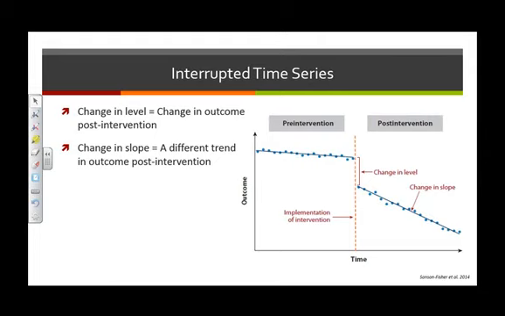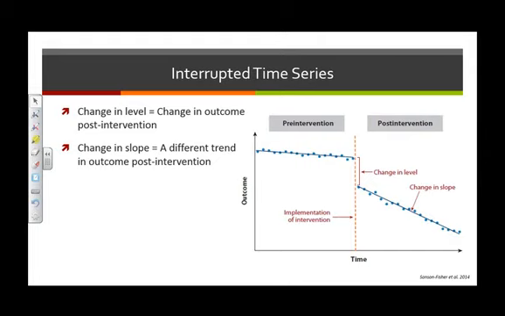I think the better way is to say, what's the intervention which I think will work? And then say, what's the design now that will be able to answer those three questions: did change occur, was it as a result of the intervention, and was it significant? So rather than the design determining what you do, you should let the intervention determine what you do, and then find the expertise to do the evaluation.